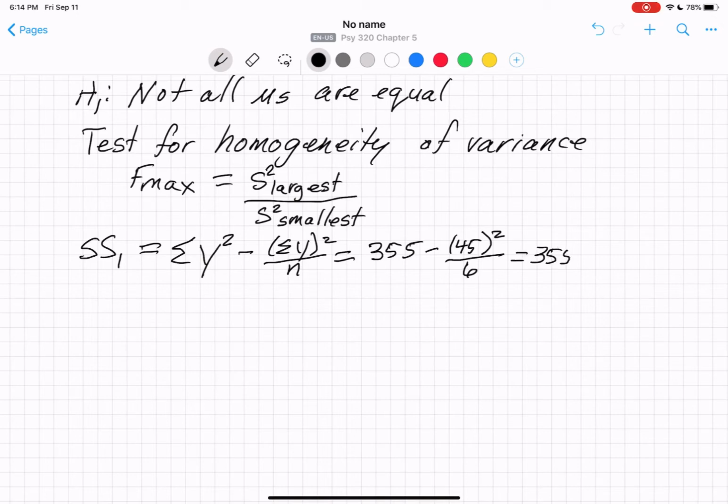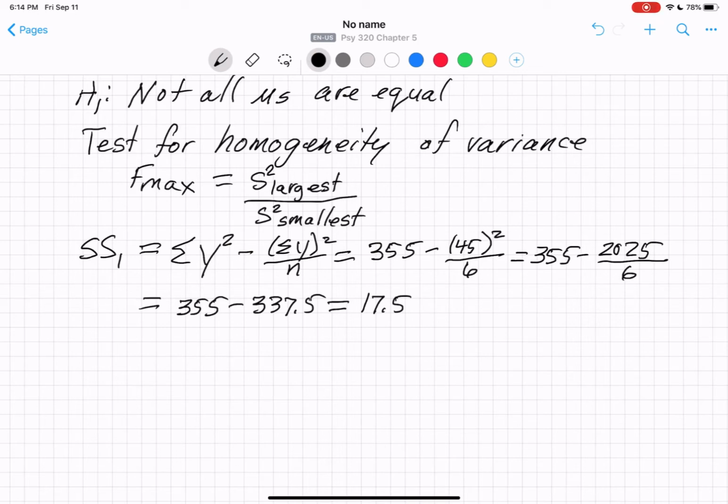So 355 minus 45 squared, which is 2025, divided by 6. Now we do the division and we get 337.5, and then the subtraction, and we get 17.5.